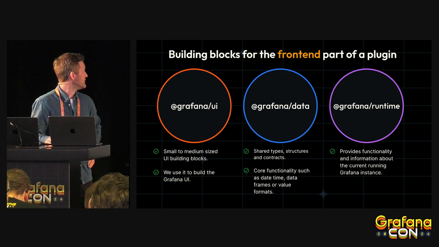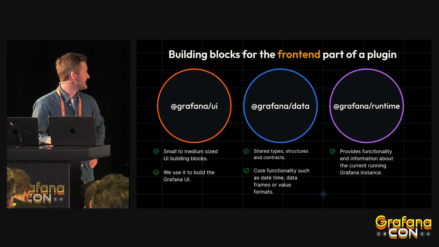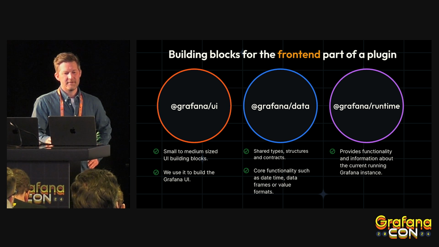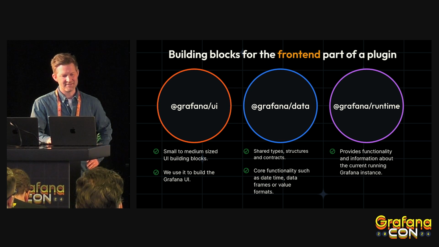We use it internally to build Grafana. So if you use it, you're going to automatically have the same look and feel as Grafana. Then we have the Grafana data package, which contains shared types and structures. It contains core functionality such as data frame support and value formatters.